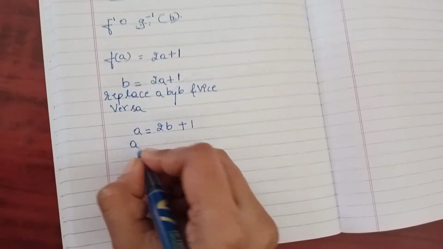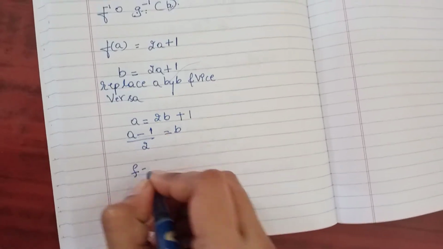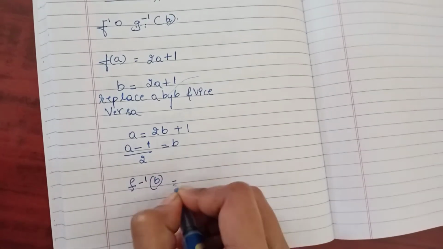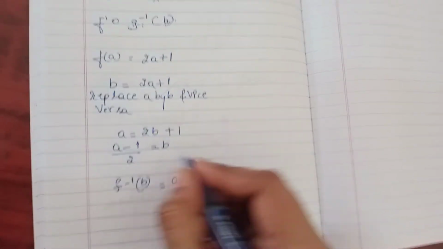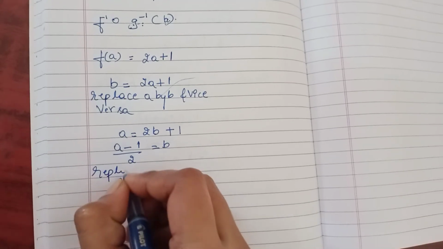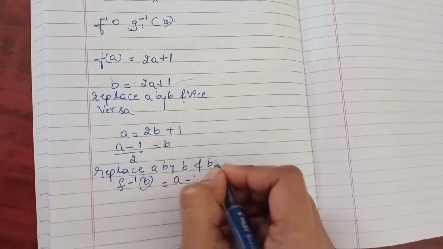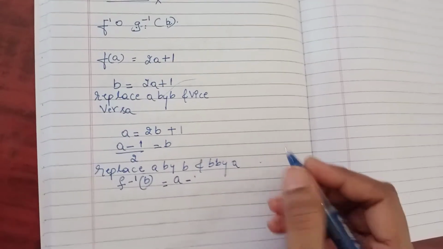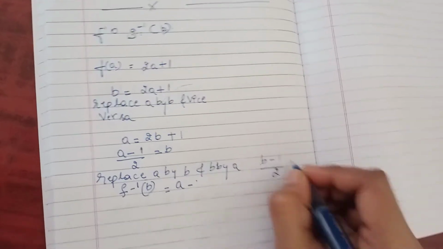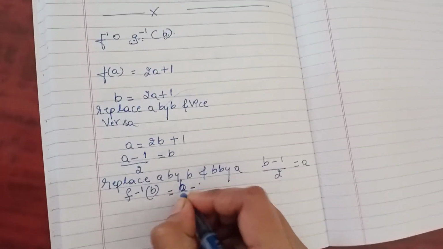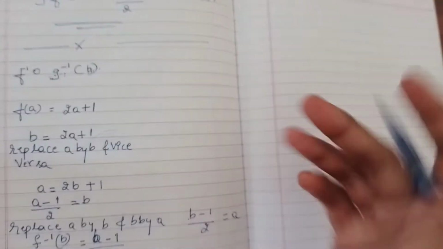Solve for b, that is a minus 1 by 2 is equal to b. So f inverse of b is now, replacing a by b and b by a, b minus 1 by 2, which is equal to a. So f inverse of b is equal to b minus 1 by 2.